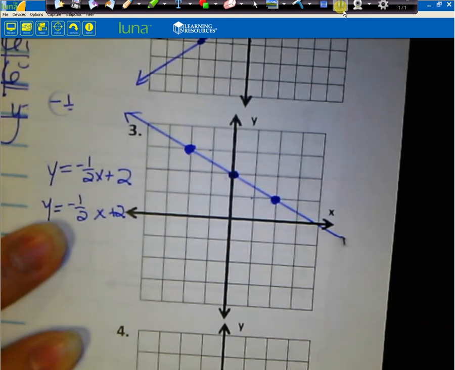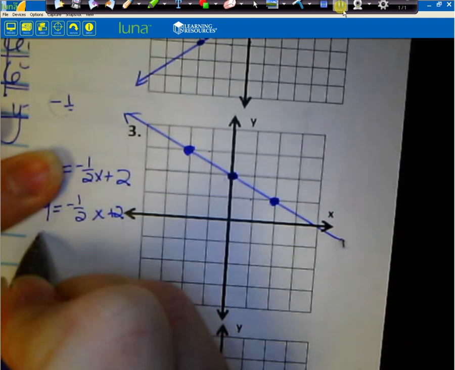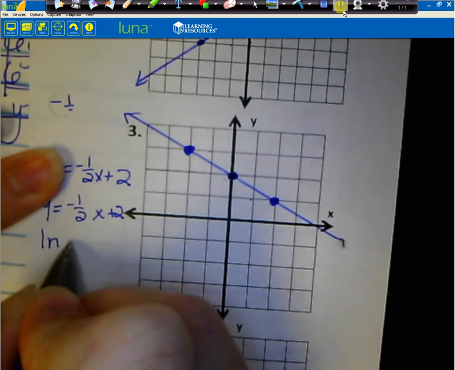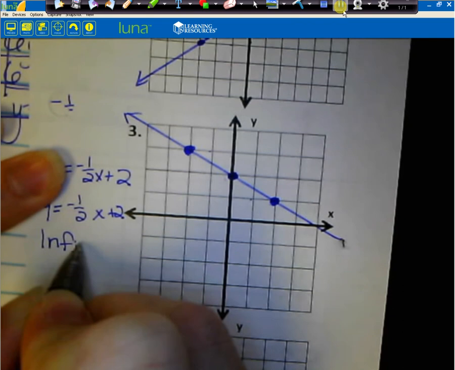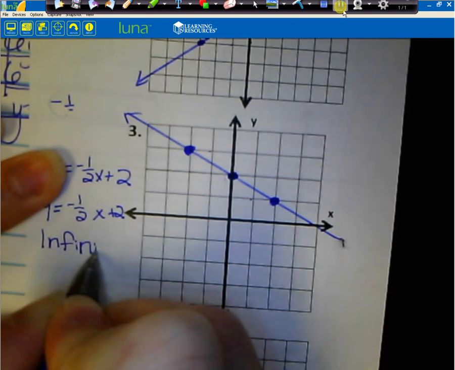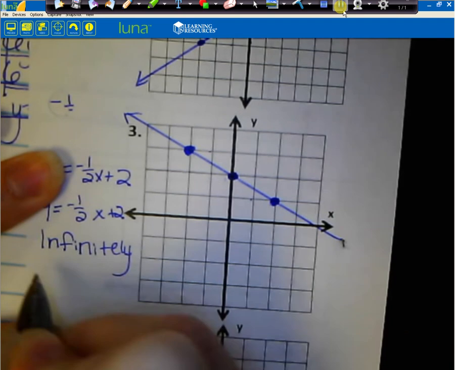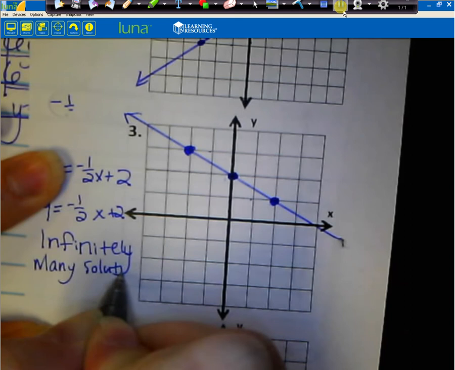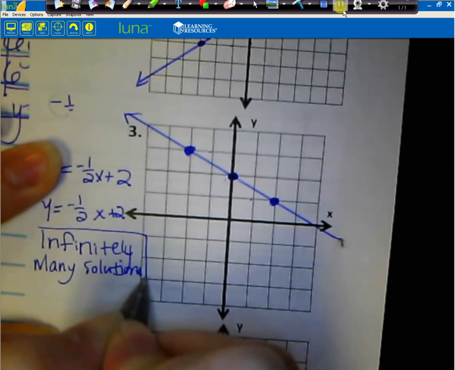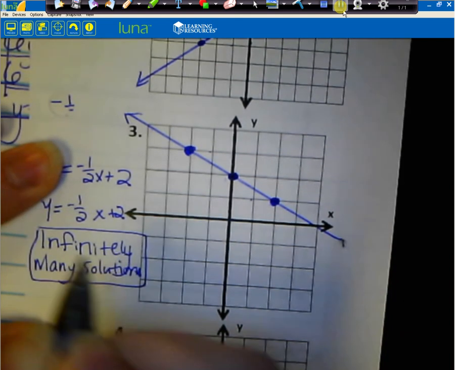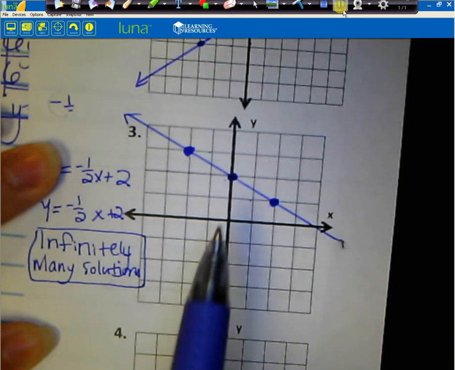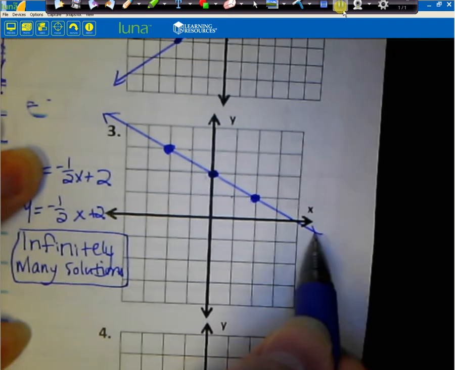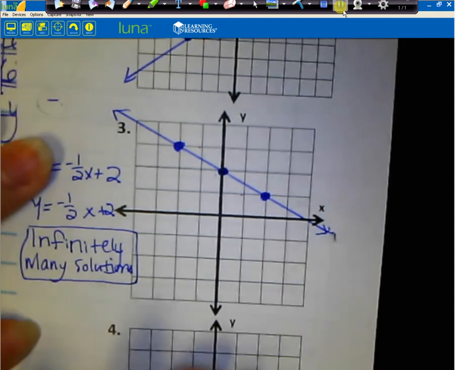So what we say for that is that there are infinitely many, I-N-F-I-N-I-T-E-L-Y, infinitely many solutions. Meaning there is literally an infinite number of solutions because everywhere on this line, these two lines are intersecting because they are the same exact line.